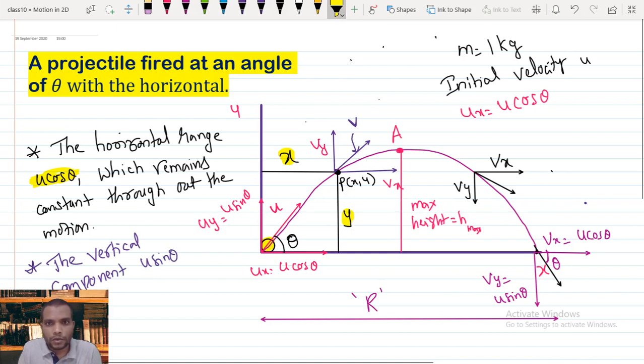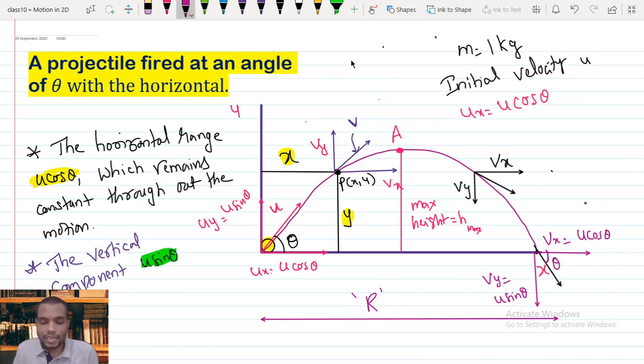The vertical component u sin theta, which changes with time, because of gravity, under the effect of gravity.